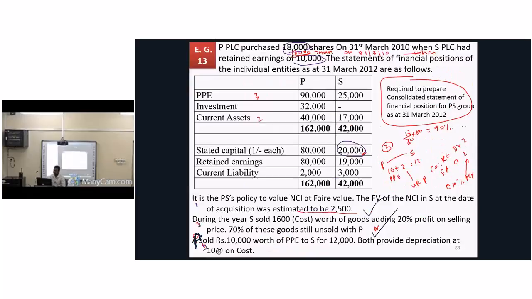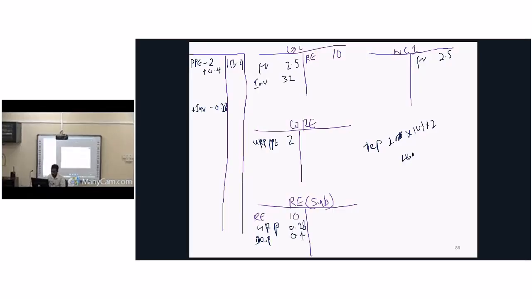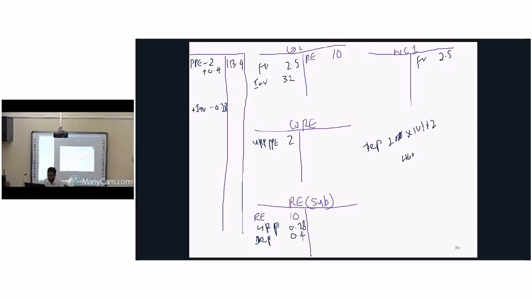And current assets 40 plus 17 minus 0.28, it is 56.72.